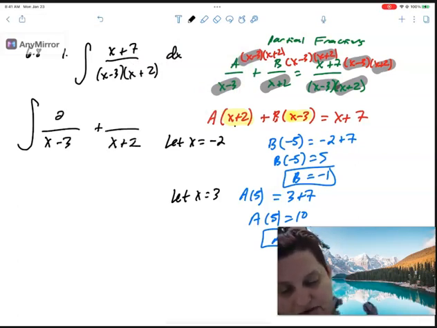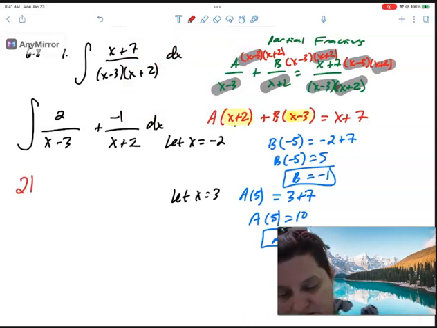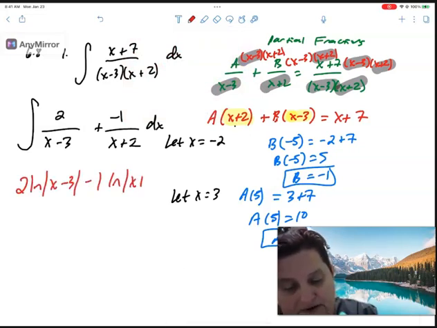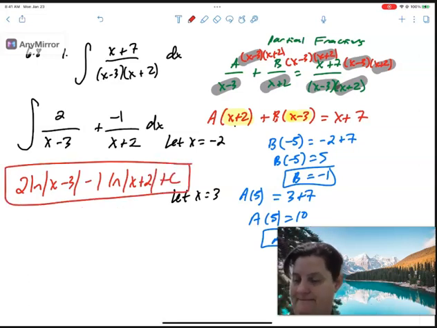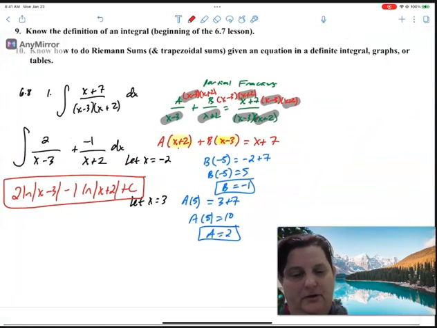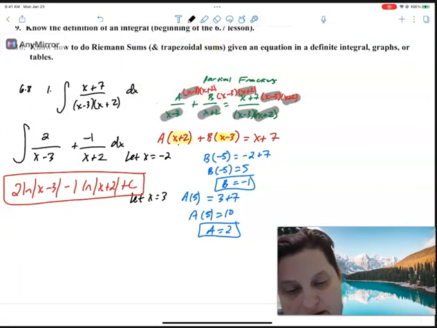A is 2. B is negative 1. And my final answer will look like this: 2 ln x minus 3 minus 1 ln x plus 2, plus c. Okay? All right, so that one's called partial fractions.